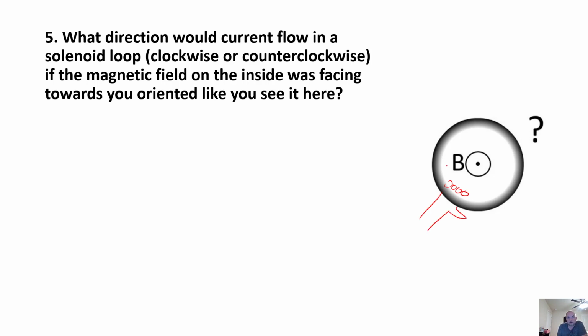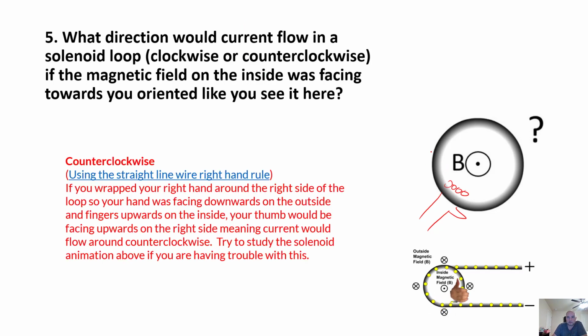And so, what direction would the current flow? It's going to flow just like you see it. I'm holding the tube a different way than I drew this, but if you notice the thumb's still facing the same direction. No matter, it's the same right hand, it just depends on if I'm in front or behind it, but I'm following the direction of my fingers, and that would be counterclockwise.